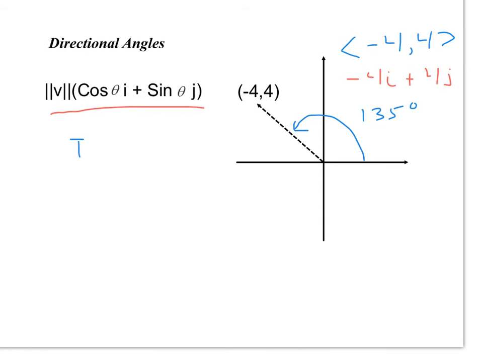We know that tan of theta is going to equal the y, which is 4, over negative 4. And we just need to put that angle in the second quadrant. So we could take arctan of negative 1, and of course then move that to the second quadrant. We would have 135. So the third way to write this vector is, first of all, let's find the magnitude.